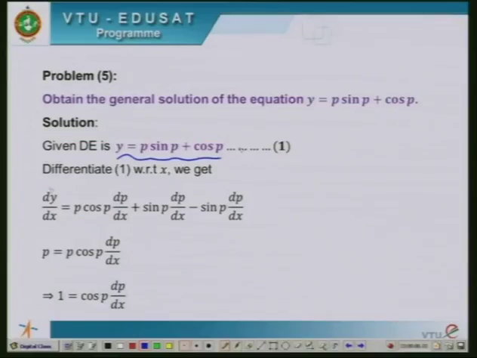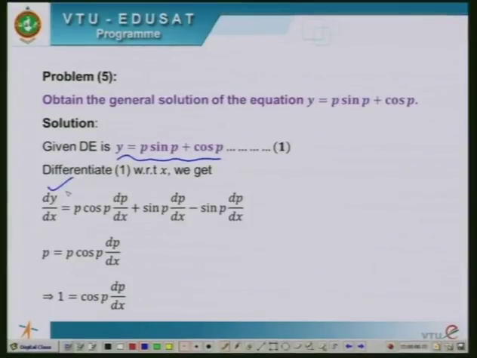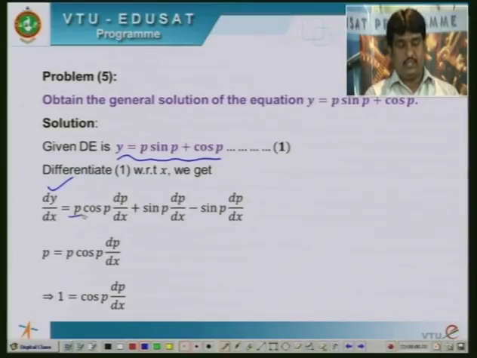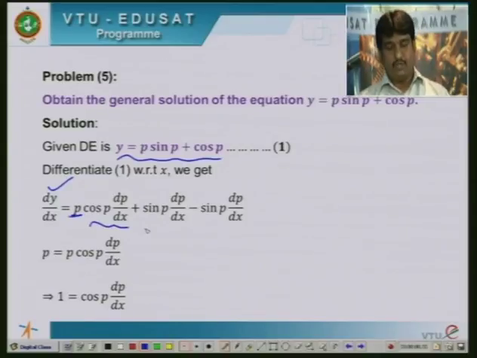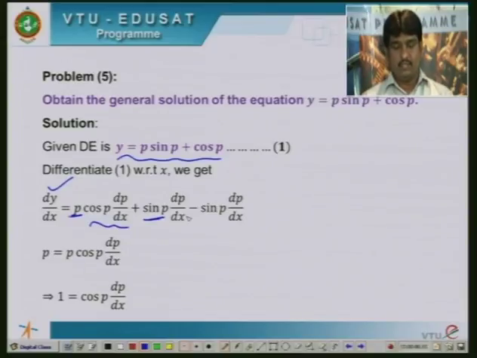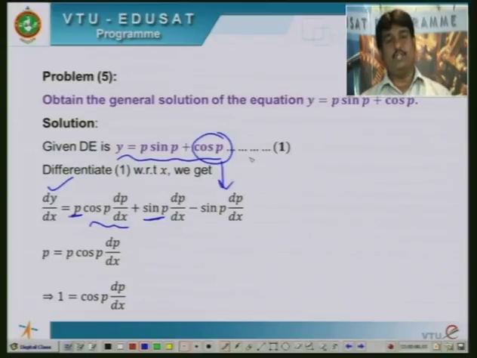Differentiate this equation with respect to x to get dy by dx equals, now product rule here, p as it is, the derivative of sin p is cos p into dp by dx, plus sin p, second function as it is, the derivative of first function is dp by dx, minus, which is the derivative of cos p. The derivative of cos p is minus sin p into dp by dx.